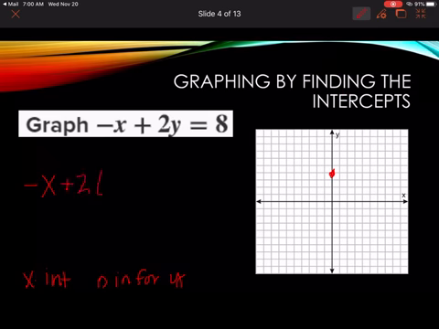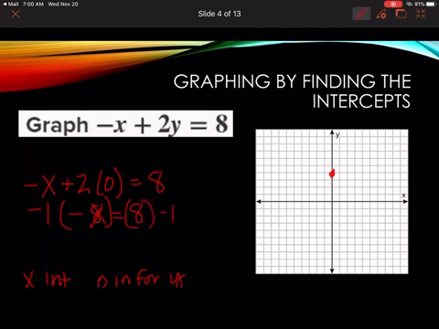Well, that gives me negative x equals 8. Multiply by a negative 1 to get rid of the negative. And x equals negative 8. So I go on the x to where x equals negative 8. Now I have 2 points. I only need 2 points to graph a linear function. So then I can just draw my line through those 2 points.